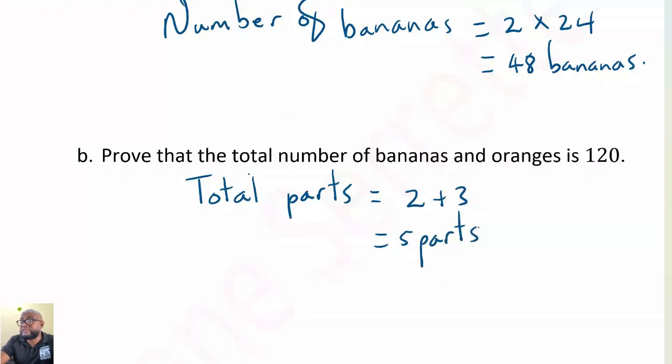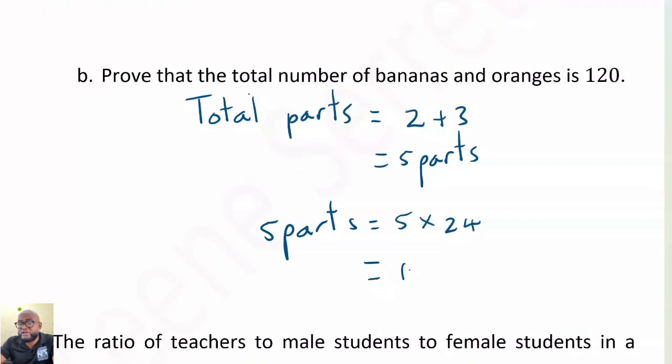So if I want the total number of bananas and oranges, it's the 5 parts I'm trying to find. So 5 parts would be equal to 5 multiplied by how much is 1 part? 24. So 5 multiplied by 24 would be 120. Right? Put a box to indicate that it was shown, because they asked us to show this.